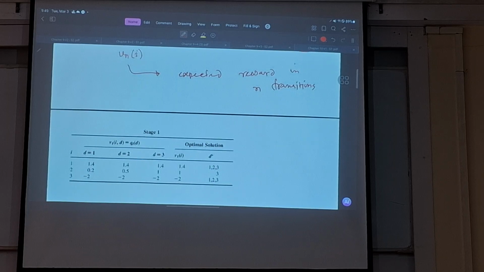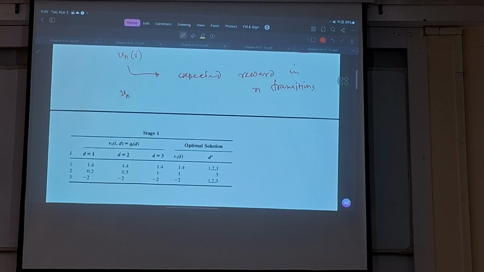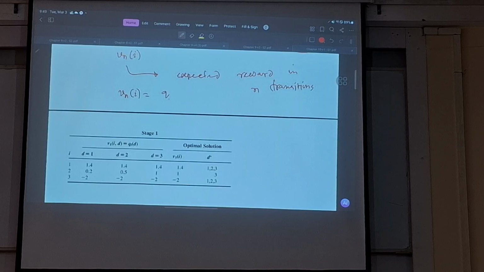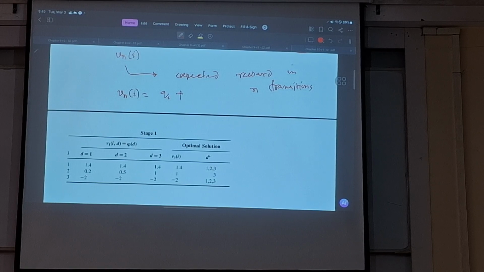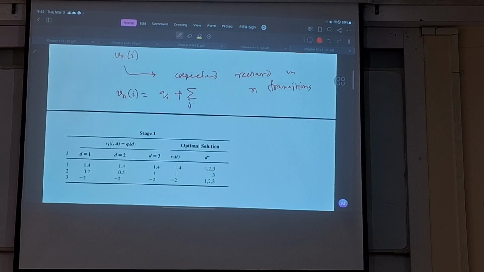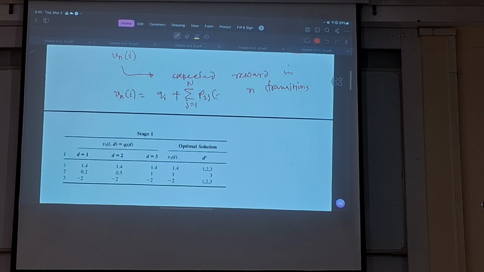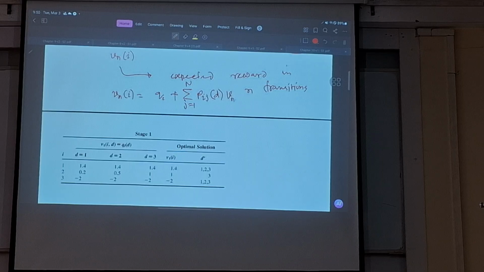And what is the formula for this one? Can anyone recall? It is Qi plus the sum over j equal to 1 to n of P_ij times V_j at n minus 1.